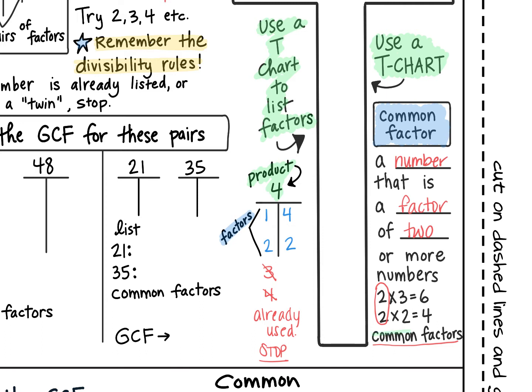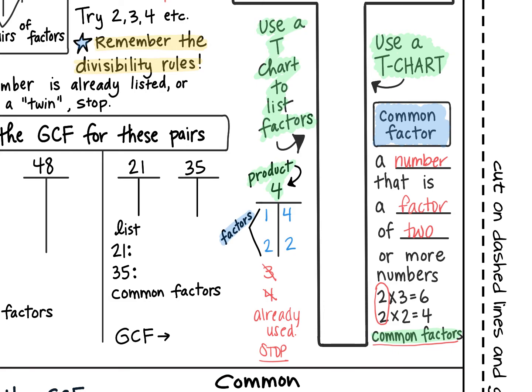So if I think about factors of 12, instantly I might say 1 and 12 and then 2 and 6. But then what if I forget about 3 and 4? You should continue going down throughout the numbers. You don't want to just stop and assume that you're done with finding all factor pairs.